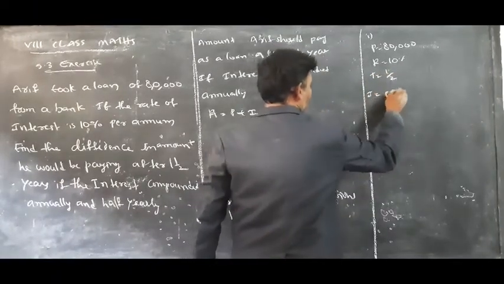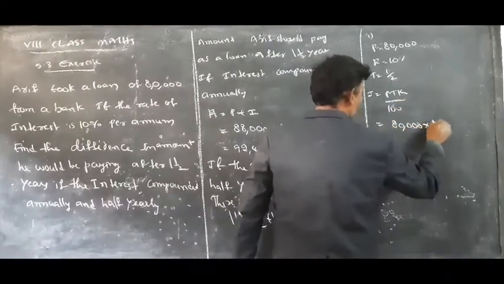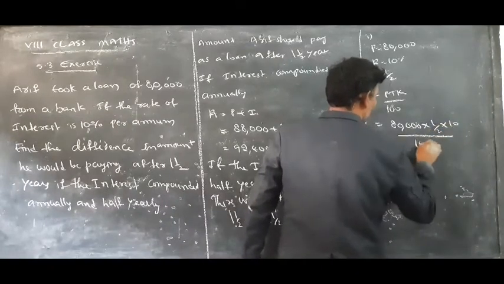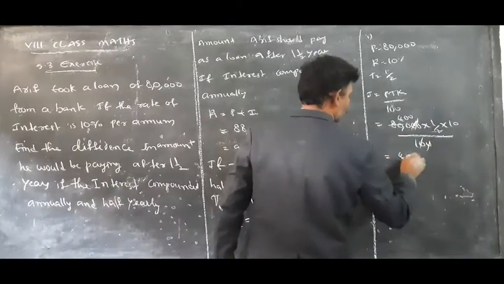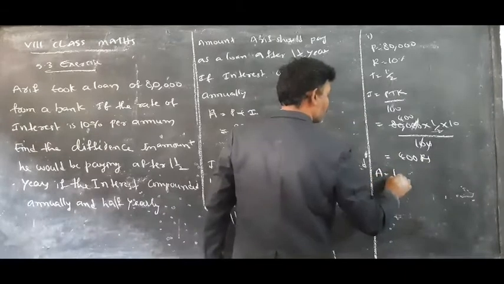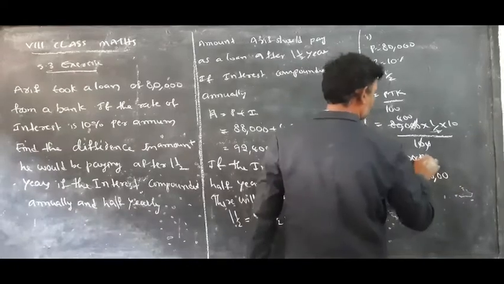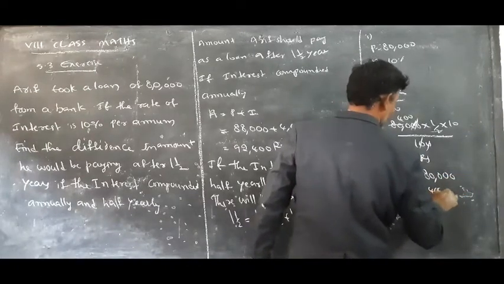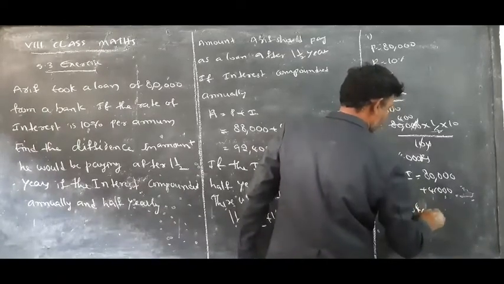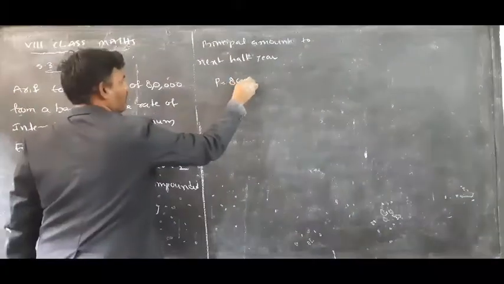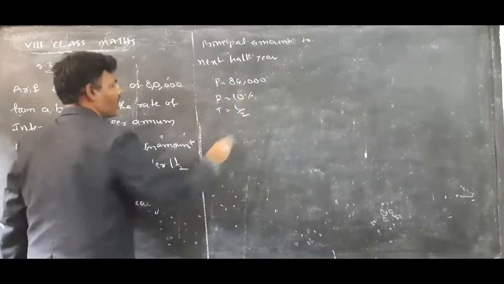I is equal to PTR by 100, which is 80,000 into half into 10 by 100, which is 4,000 rupees. So A is equal to P plus I, which is 80,000 plus 4,000, which is 84,000.